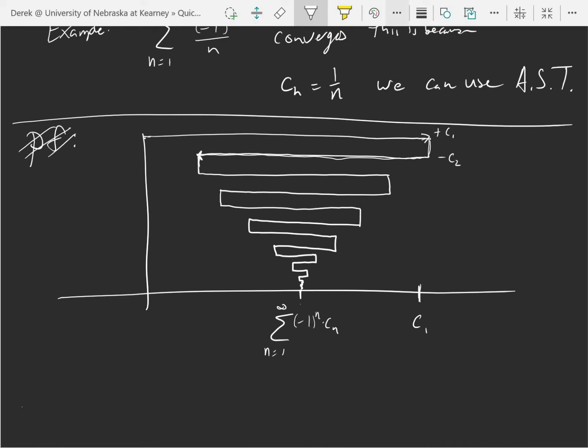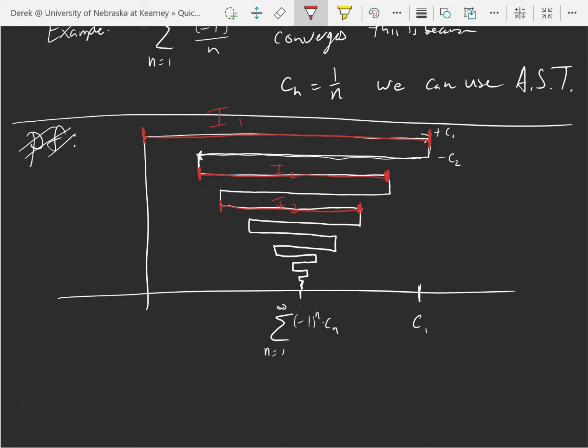So what we're going to do is prove that if I look at these intervals, let's say this interval here, we'll call this I1, this interval here we'll call I2, this interval here we'll call I3, and so on.